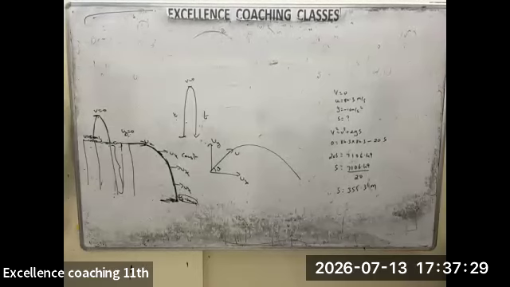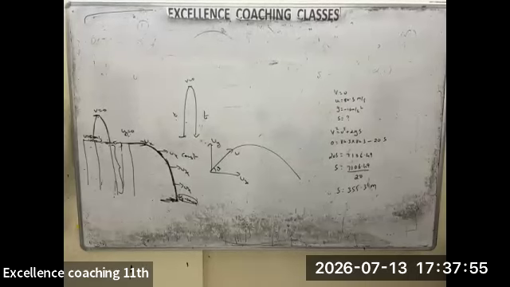Next one. A ball is thrown upward with a velocity of 30 meter per second. Okay, you answer. I think the same question is repeated again.